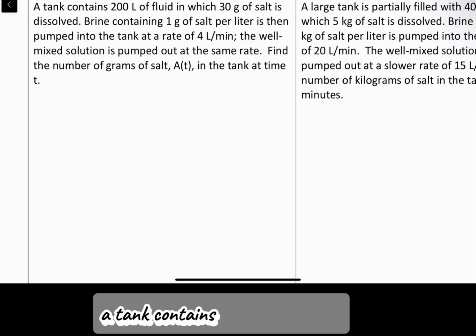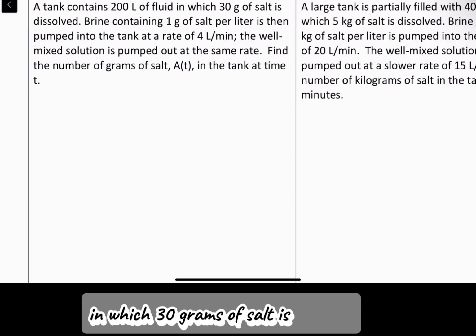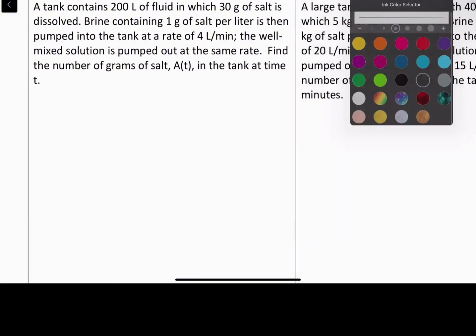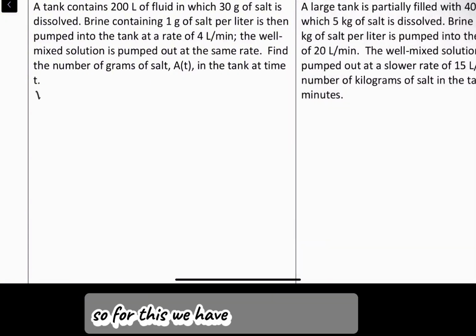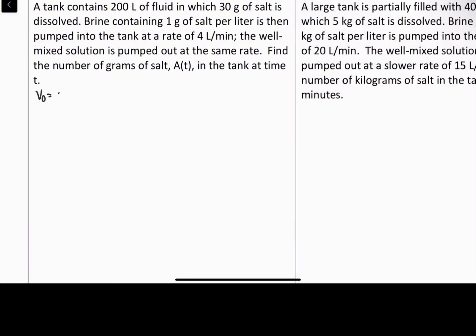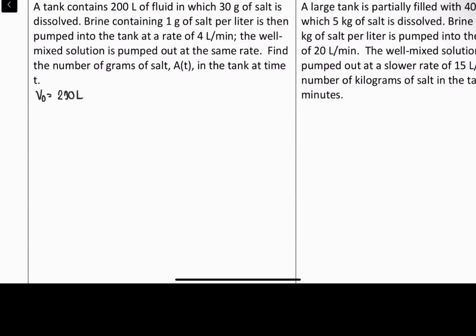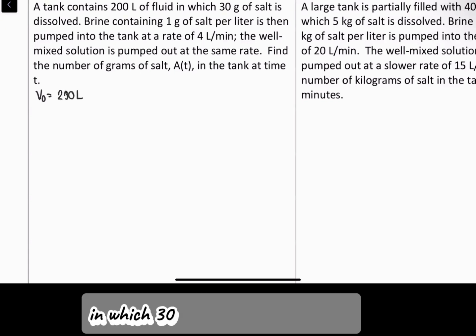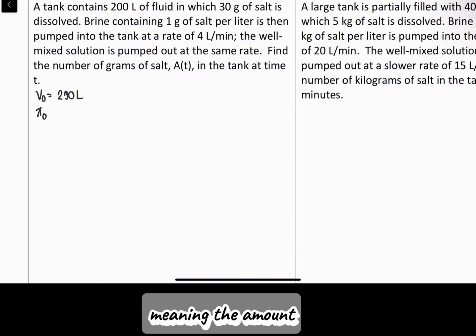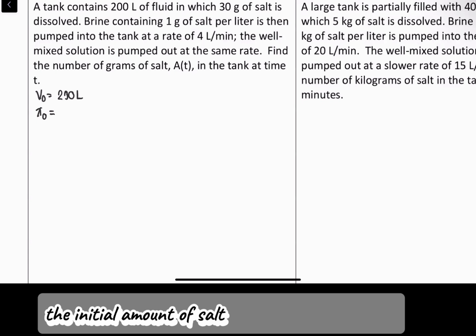A tank contains 200 liters of fluid in which 30 grams of salt is dissolved. So for this, we have the initial volume, which is 200 liters, in which 30 grams of salt is dissolved, meaning the initial amount of salt in the tank is 30 grams.